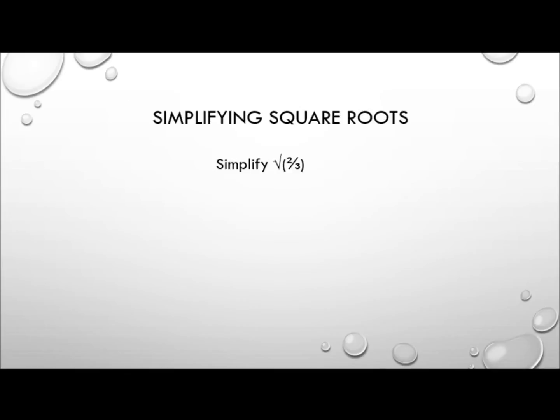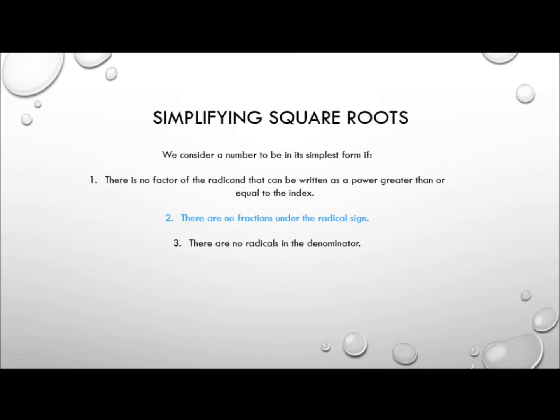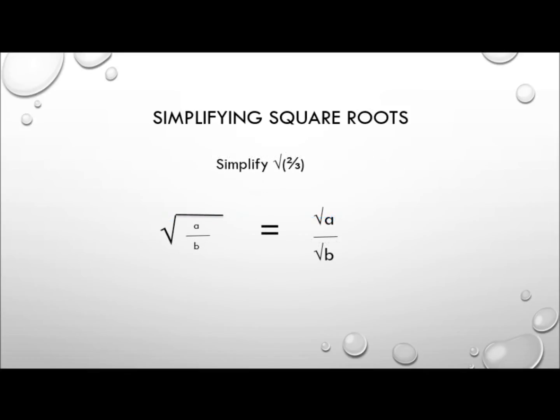Okay, let's try a number like, say, the square root of 2/3. Can we simplify that? Which brings us to our second consideration for whether or not an irrational number is in its simplest form. There cannot be any fractions under the radical sign. Now, to get rid of the fraction under the radical sign, all we need to remember is that the square root of a over b is equal to the square root of a divided by the square root of b.